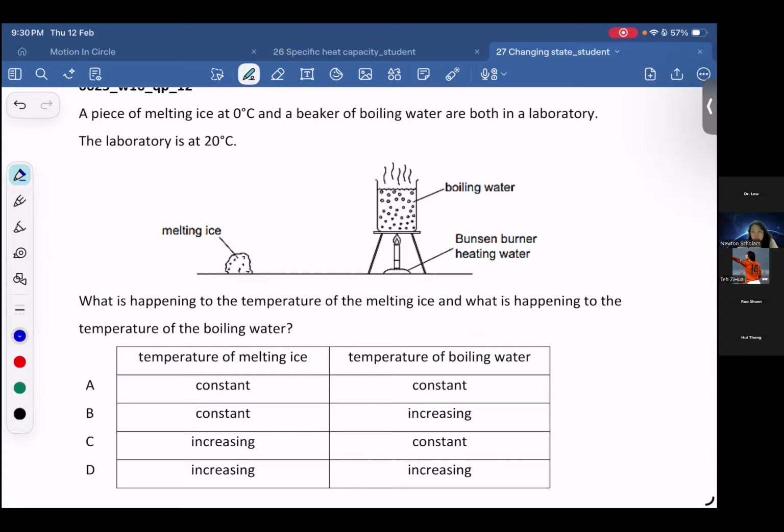Angeline, yes. How about others? Zihua, what is your answer? Hui Teng, your answer? Bora? Daniel, try. Keyword melting. Melting is the keyword. Melt. Boil. What happens to the temperature when melt? What happens when boil?